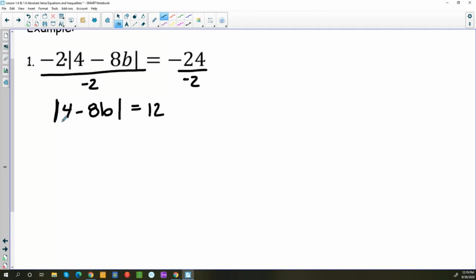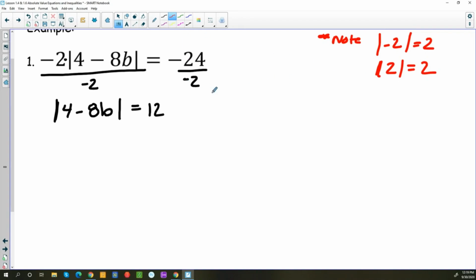Basically, whatever is inside of these absolute value bars will come out as positive. For example, the absolute value of -2 would equal 2. I could also have the absolute value of +2, and that will also be equal to 2.